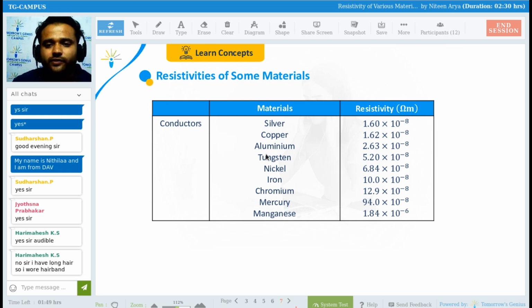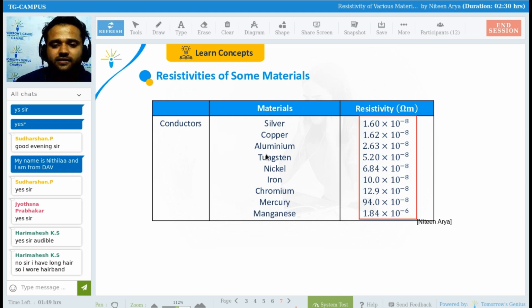So this is the resistivity of some materials. Conductors, you can see the range. Focus on the range. This is the range for conductors. Silver has the least resistivity. What is the meaning of saying that? Its conductivity is very high, and that is why it lies in the range of conductors.